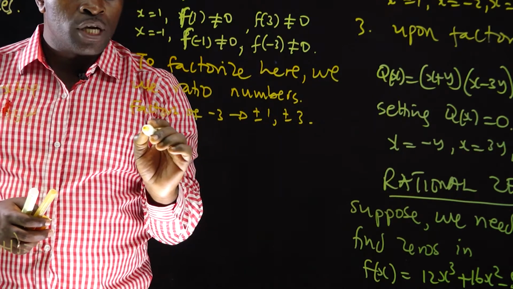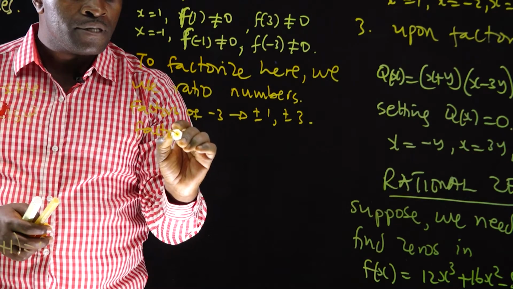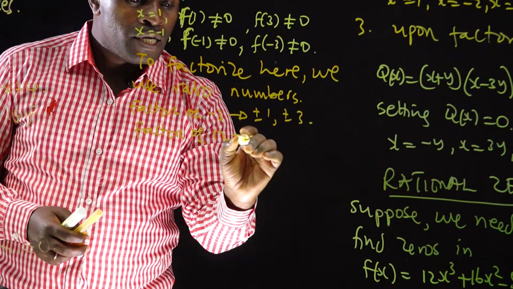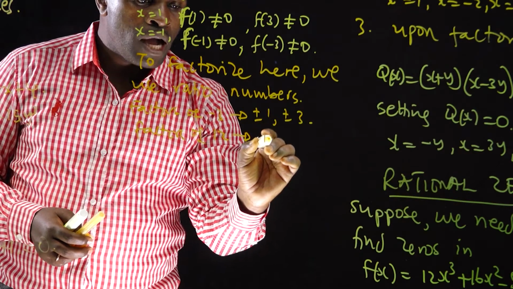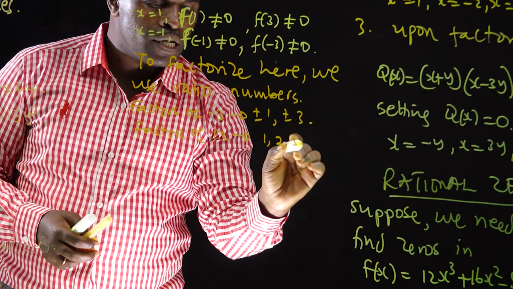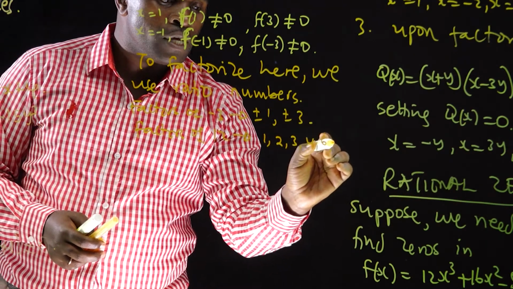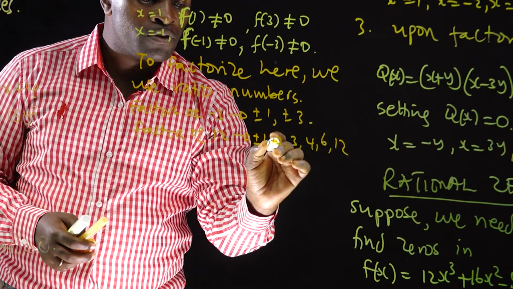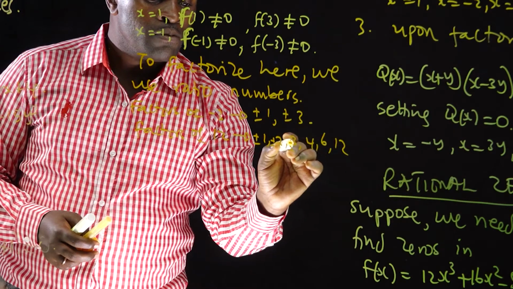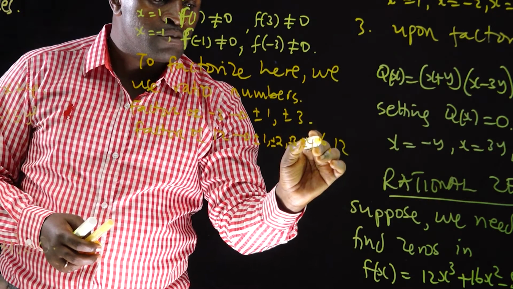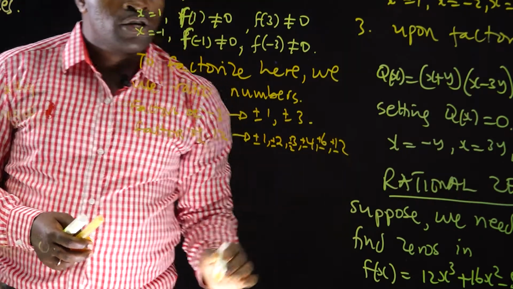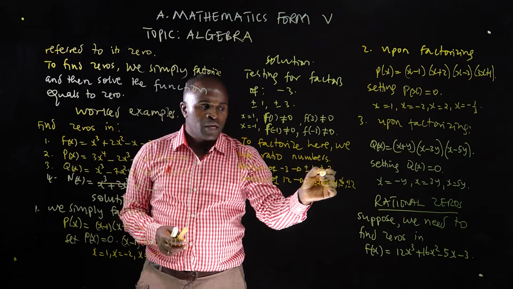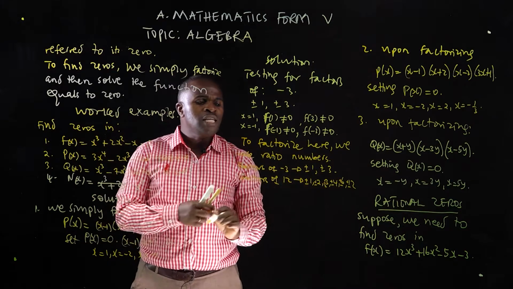And again we check factors of 12: 1, 2, 3, 4, 6, and 12, each with plus or minus, of course. So factors of the first number must be the numerator and factors of the other the denominator. So we test a lot.